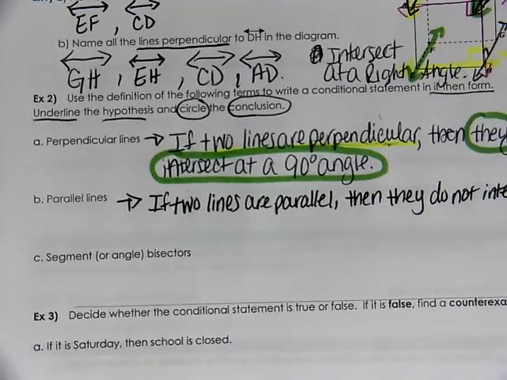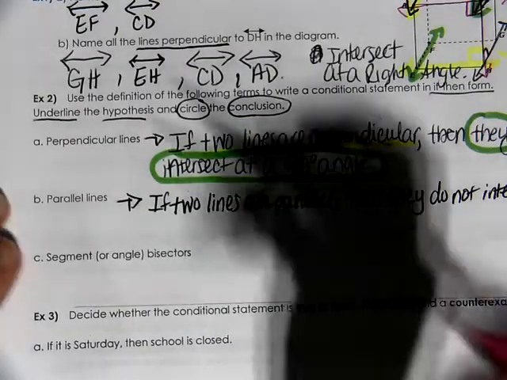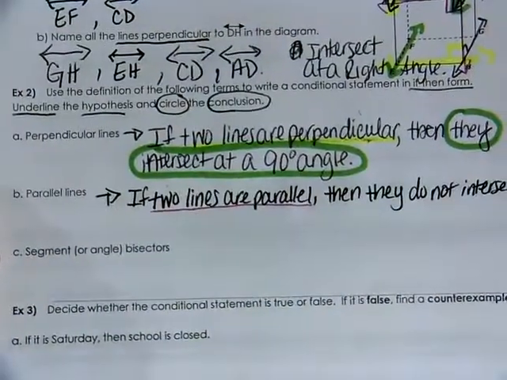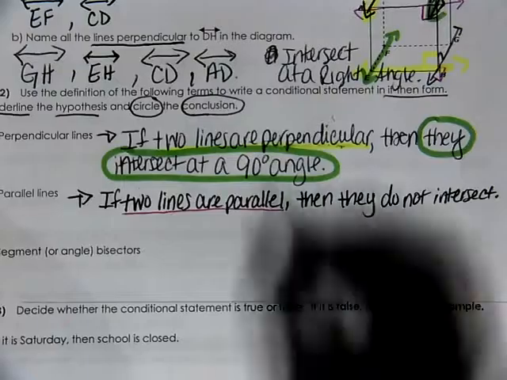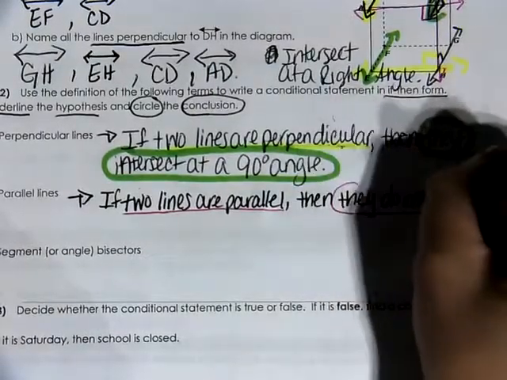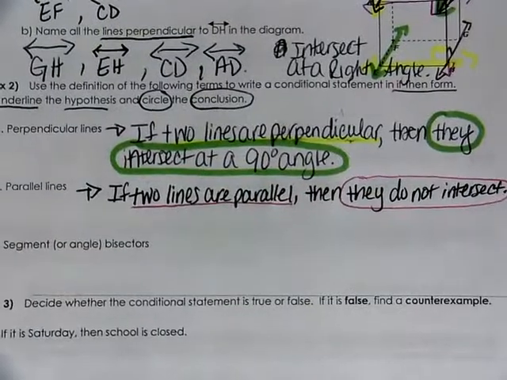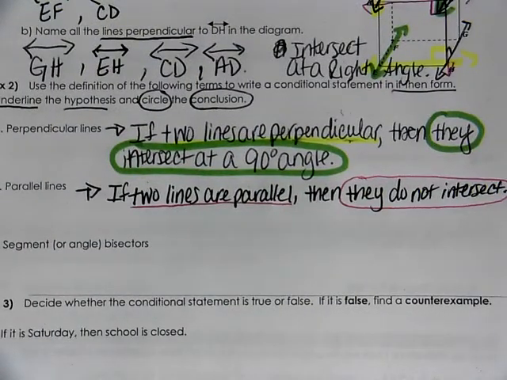Once again, if we're looking at our hypothesis, it is the phrase that comes after if. That's the hypothesis. The conclusion is they do not intersect. It is the phrase that comes after the word then.